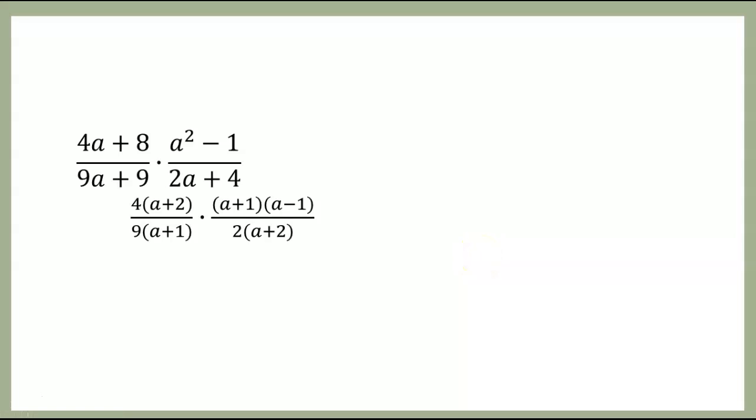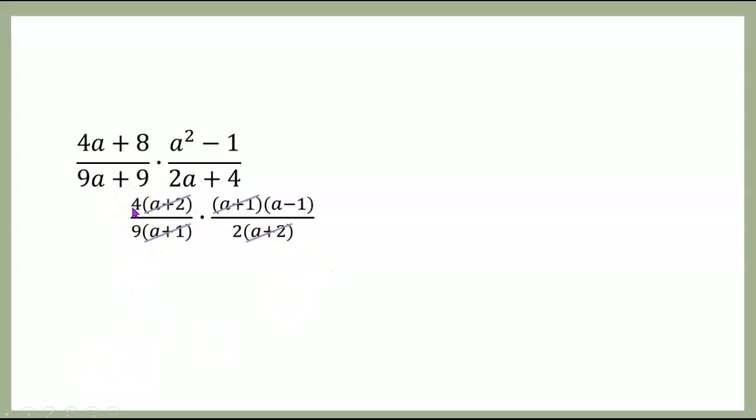Now that we have everything factored, we can go looking for common factors that we can divide out or cancel. So what do you see that we can cancel? What factors appear as part of the numerator and part of the denominator? A plus 2, a plus 1, anything else?